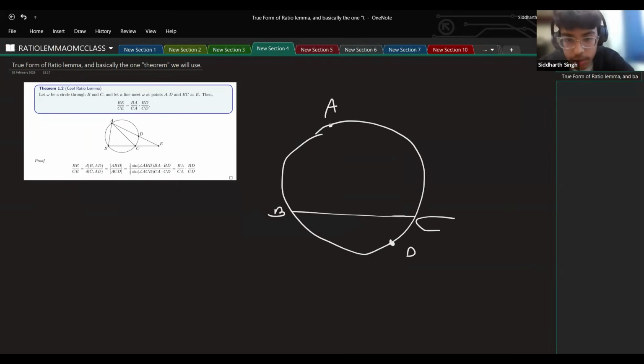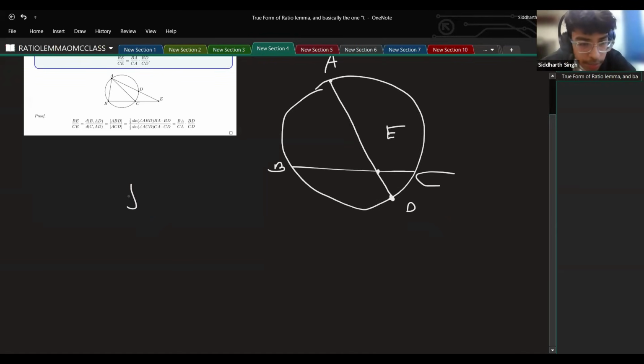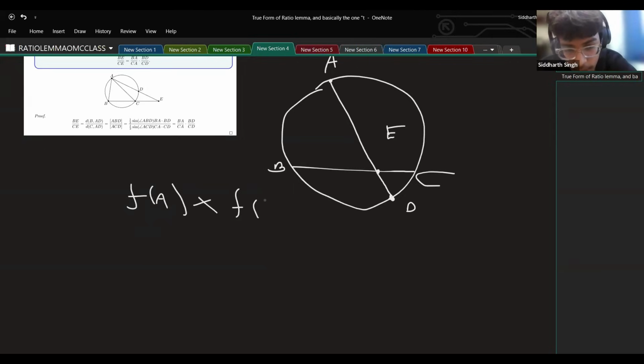Basically, the point is when we connect A and D and let the intersection be something like E, we have the powerful result: f of A into f of D is equal to f of E. Also, ignore my handwriting. It's very quick. I never use OneNote or stuff.